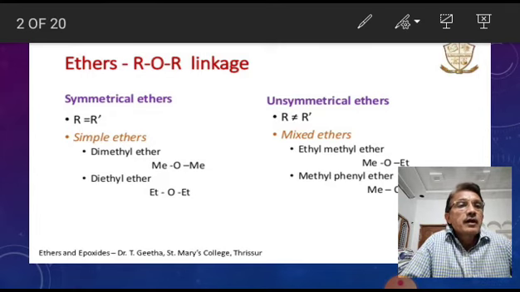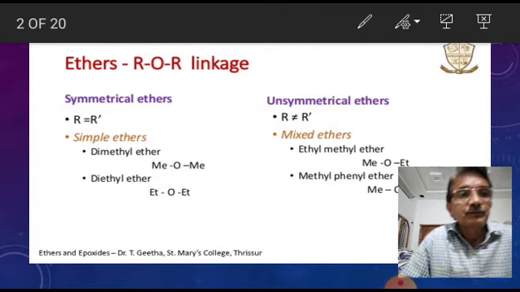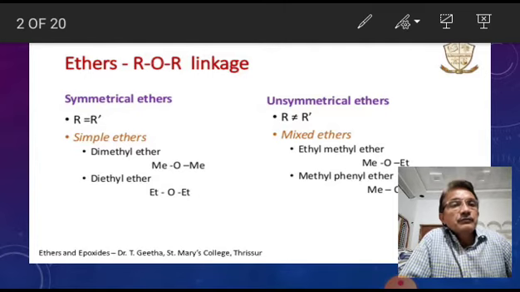Now, what are called unsymmetrical ethers? The ethers which do not contain similar alkyl groups. In other words, the ethers which contain different alkyl groups are called unsymmetrical ethers. R is not equal to R dash.